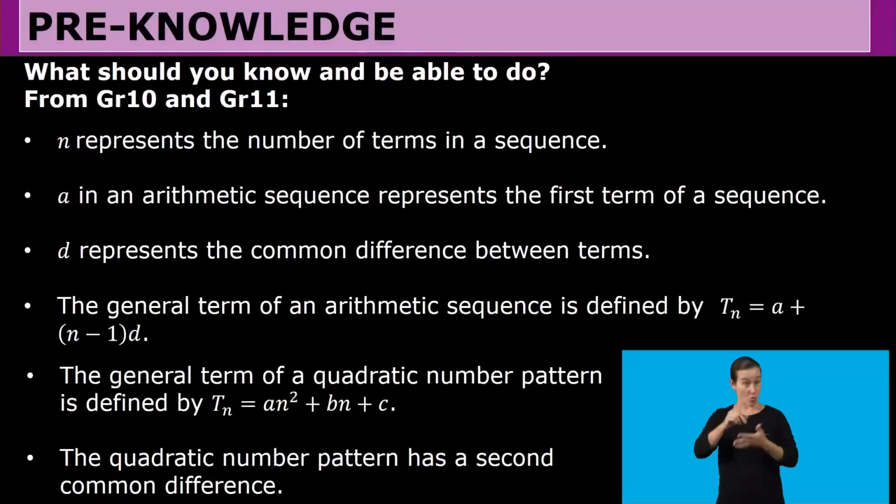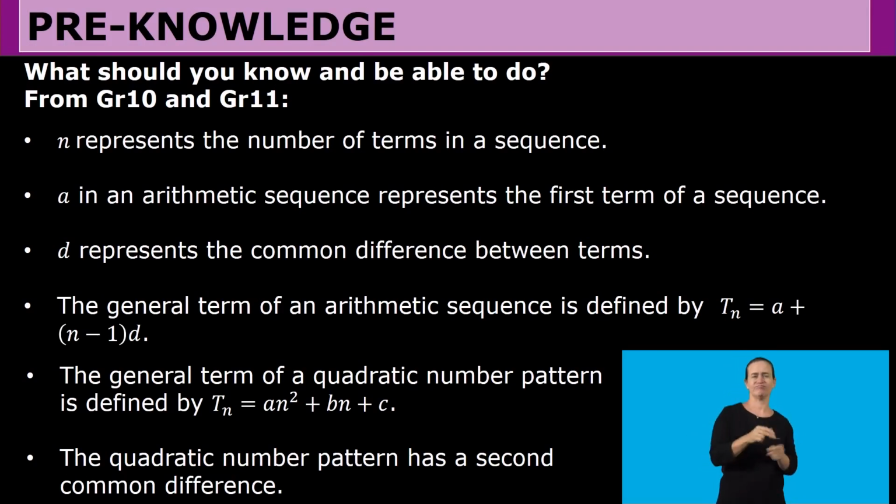Let's see what you should know or be able to do from grade 10 and grade 11. That is, you should know that n represents the number of terms in a sequence. A in an arithmetic sequence represents the first term of a sequence. D represents the common difference between terms.